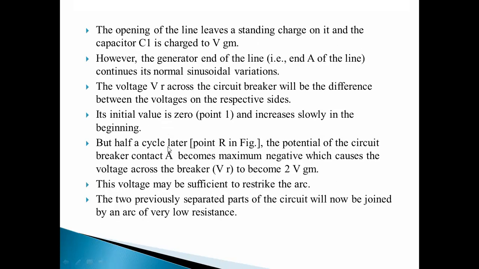But half a cycle later, that is point R in the figure, the potential of the circuit breaker at contact A becomes maximum negative, right?